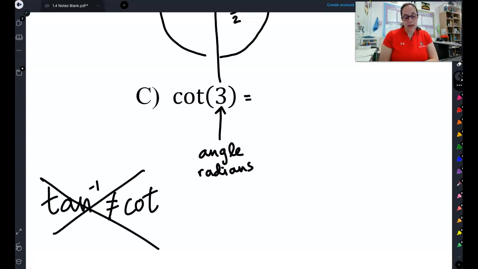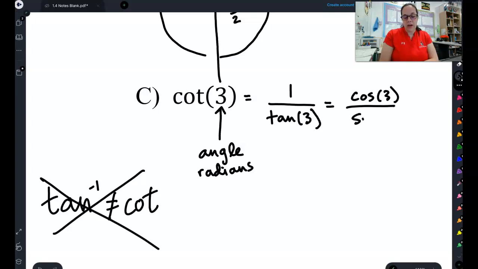So one identity I could use is my reciprocal identity and change cotangent to 1 over tangent, because I know that the cotangent is the tangent flipped. So I could type that into my calculator, or I could also use my quotient identities and say that I know cotangent is cosine over sine, and I could type that into my calculator as well.